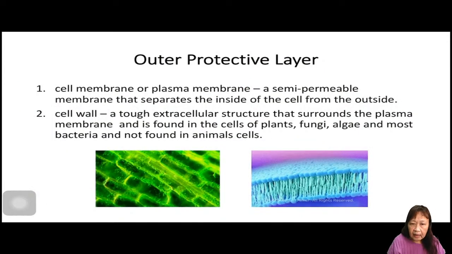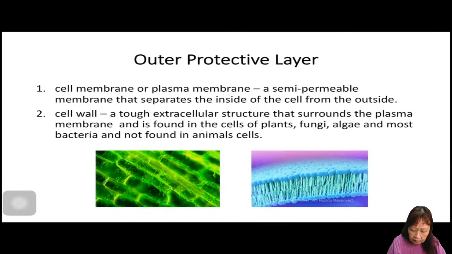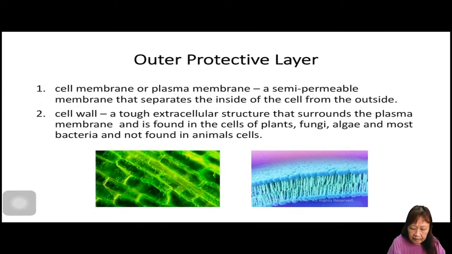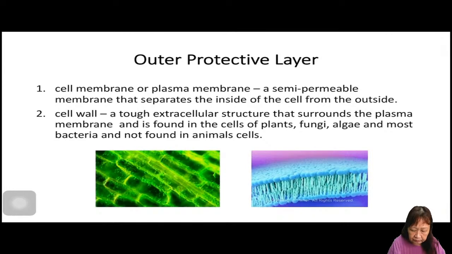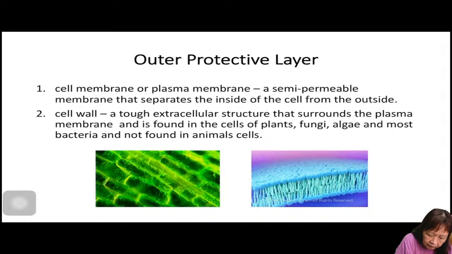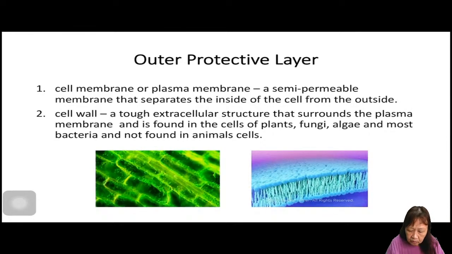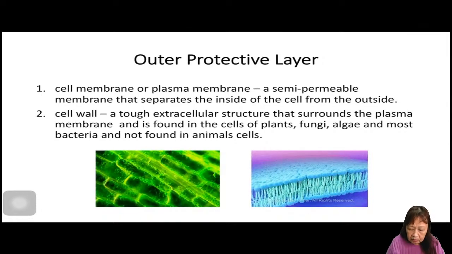Let's start with the outer protective layer. Now, for the outer protective layer, we have the cell membrane or plasma membrane, and the second one is what we call the cell wall. Now, the cell membrane or plasma membrane is normally found in animal cells.